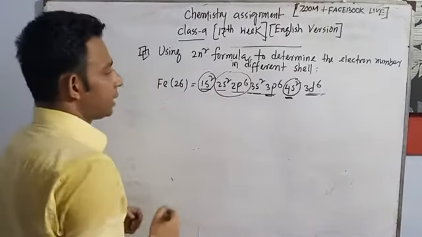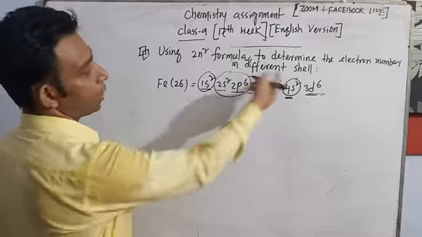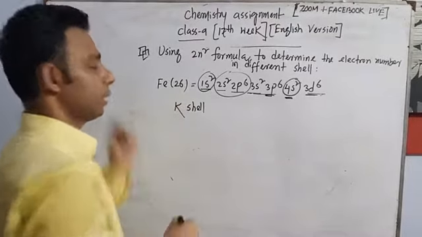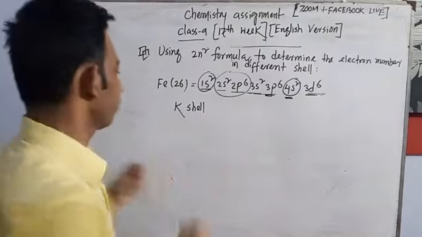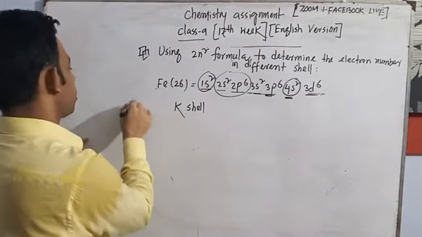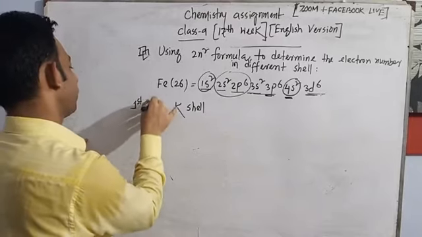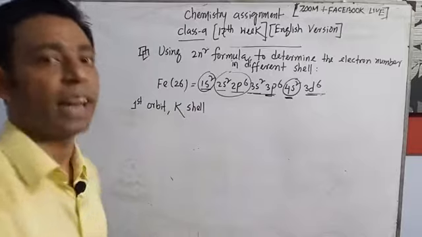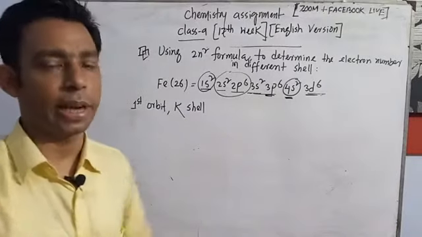So listen, we know about the different shell concept. K shell, we know about K shell. It is the first orbit. Orbit, not orbital. Orbit means shell, energy level, or first energy level you can write in there.